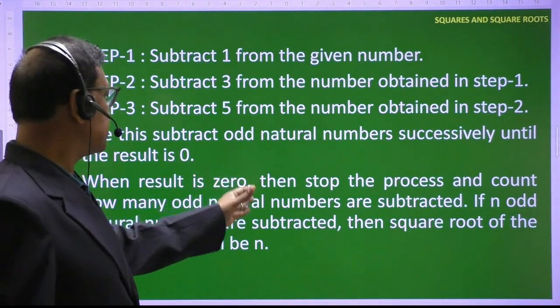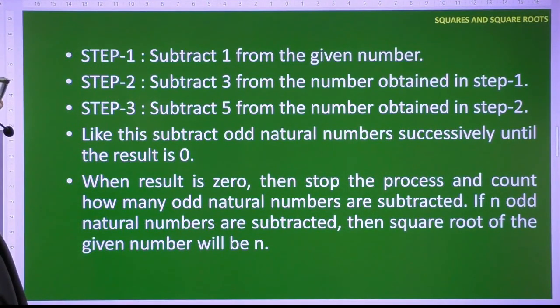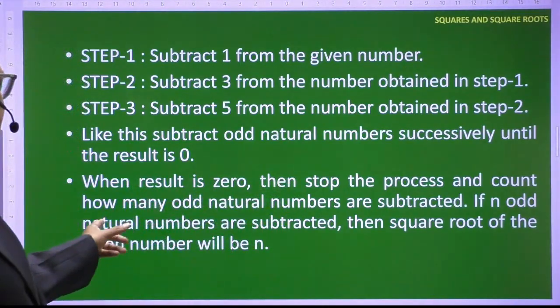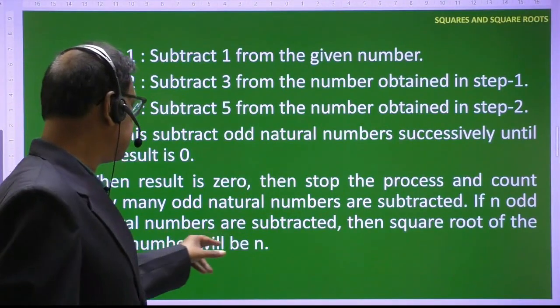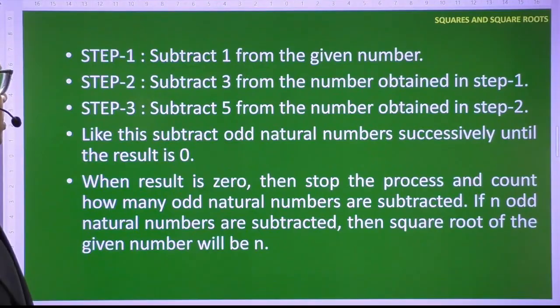When the result is 0, stop the process and count how many odd natural numbers are subtracted. If n odd natural numbers are subtracted, then the square root of the given number will be n. So this is the process.